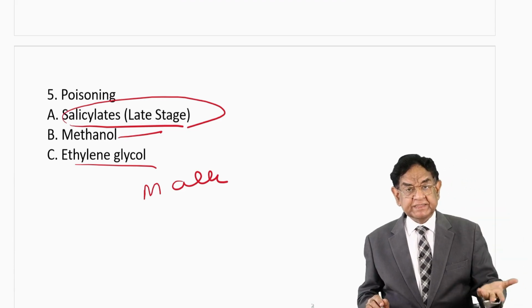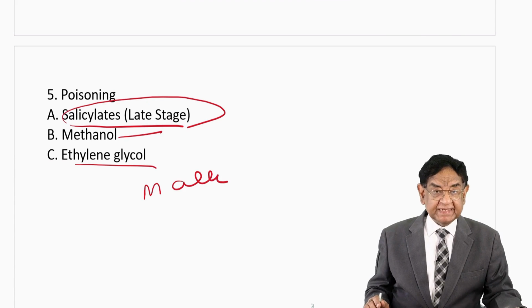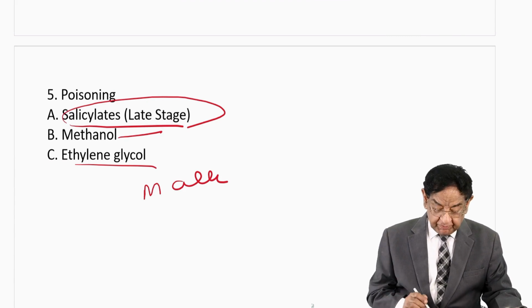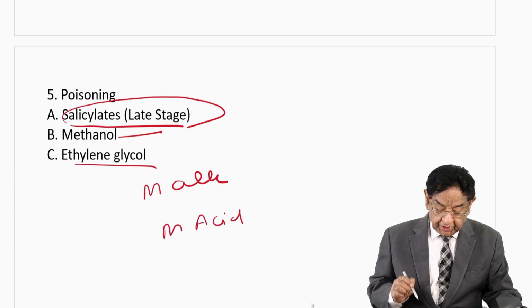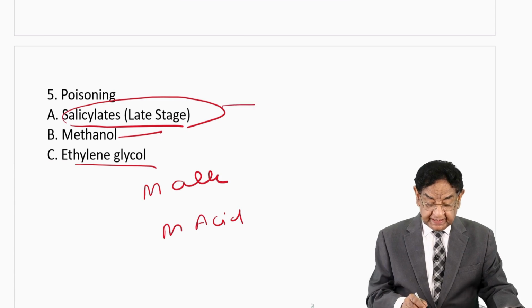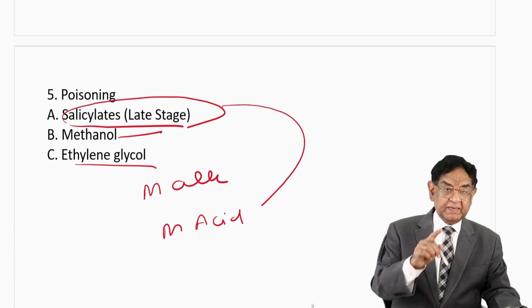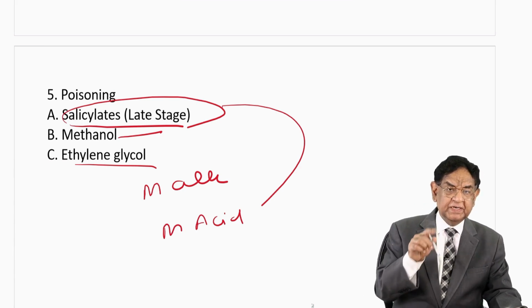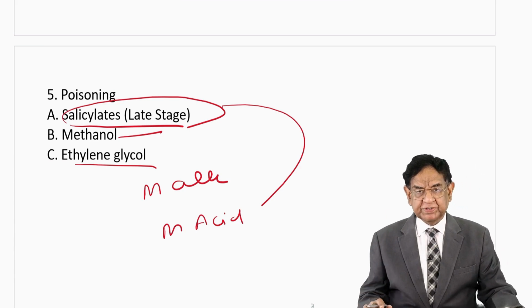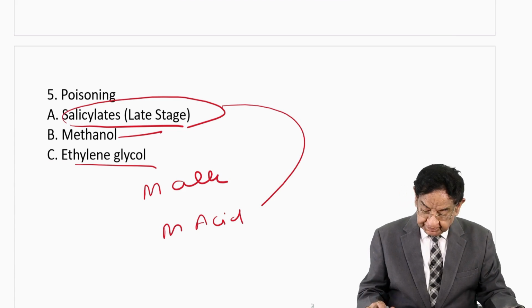In the late stages, because aspirin itself is an acid, it causes metabolic acidosis after 2-3 days. Point to be noted, acidosis occurs in the late stage. Initial stage in aspirin poisoning, metabolic alkalosis occurs. This is a very, very frequently asked question.